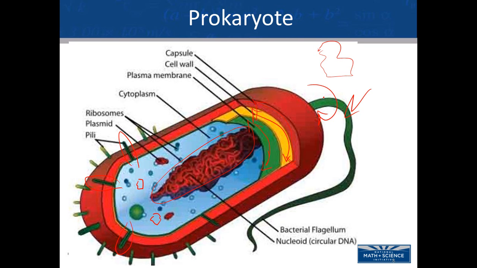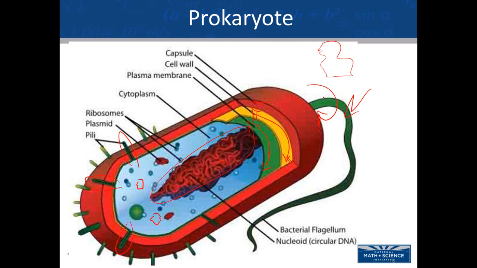In addition to that, prokaryotes must also do cellular respiration. If oxygen will actually poison a prokaryote, and they have to stay away from oxygen, those prokaryotes are called obligate anaerobes. And the word anaerobe means without air. Obligate means that they're obligated to stay away from the air.